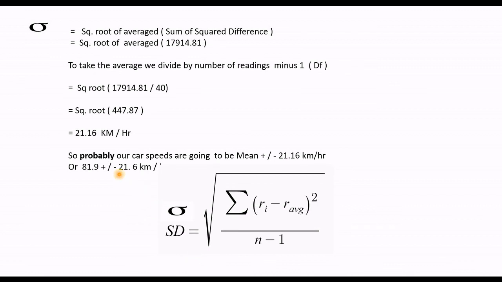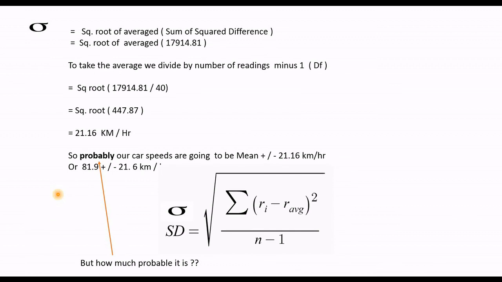So this is the meaning of standard deviation, that our car speeds are going to be between the mean plus or minus 21.16 kilometers. Now this is not a very accurate statement. This is just for a crude understanding of the physical meaning of standard deviation. But how probable is it?